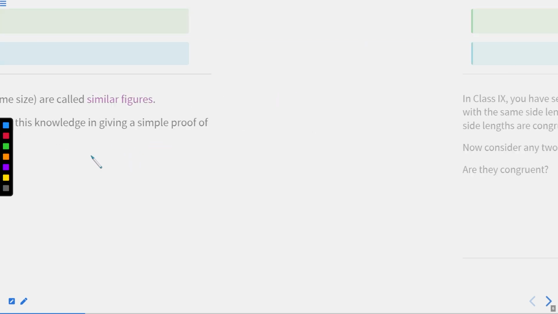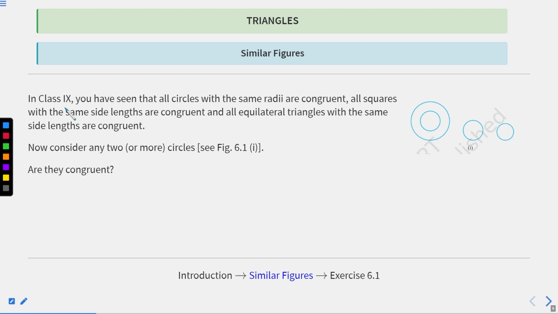In class 9th you have seen that all circles with the same radii are congruent. Radii is the plural of the word radius.